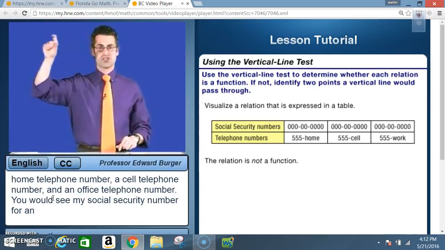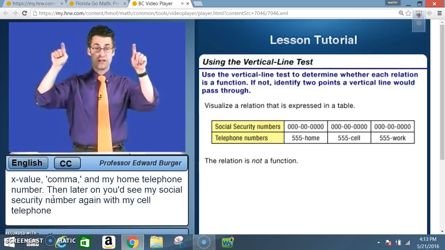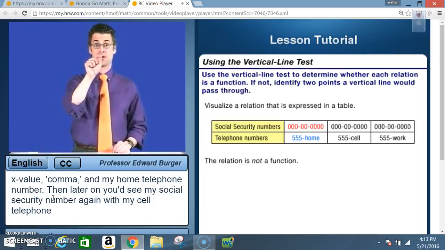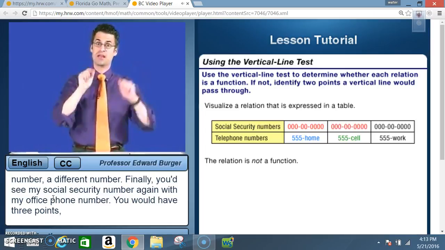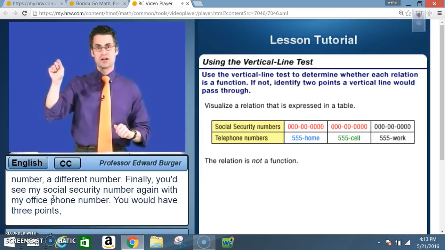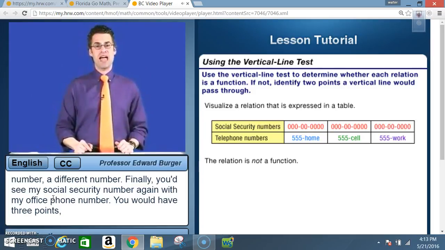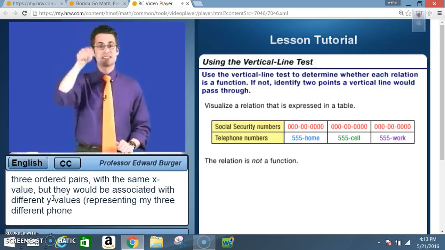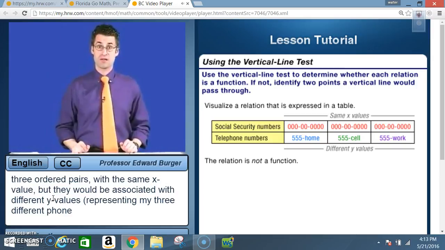So you would see my social security number for an x value, comma, my home telephone number, and then later on you'd see my social security number again with my cell telephone number, a different number, and finally my social security number again, comma, my office telephone number. So you would have 3 ordered pairs with the same x value, but associated with different y values, representing my 3 phone numbers.